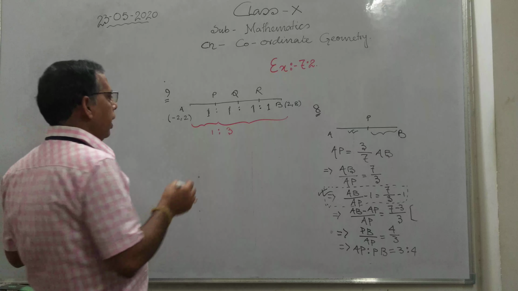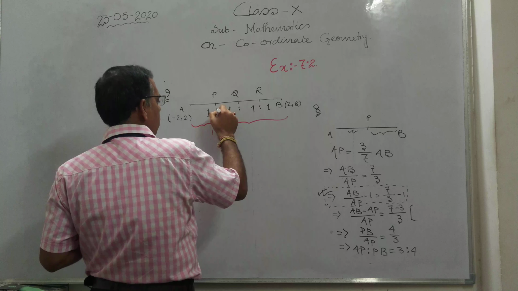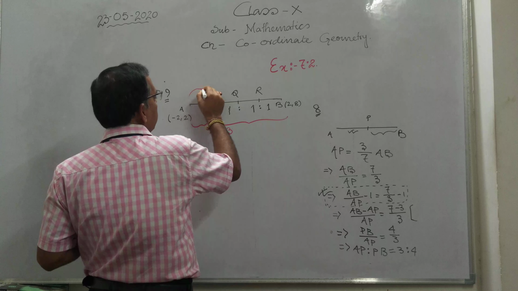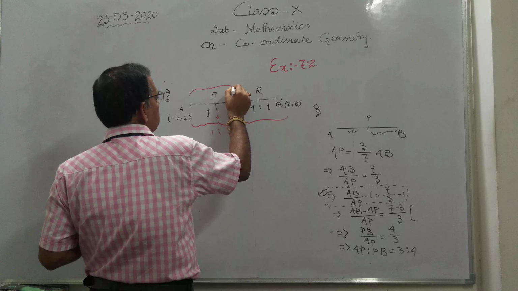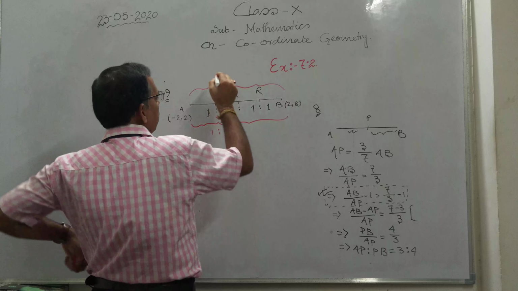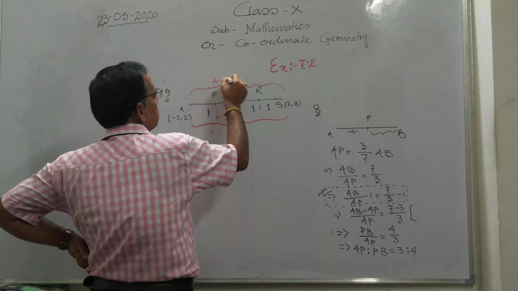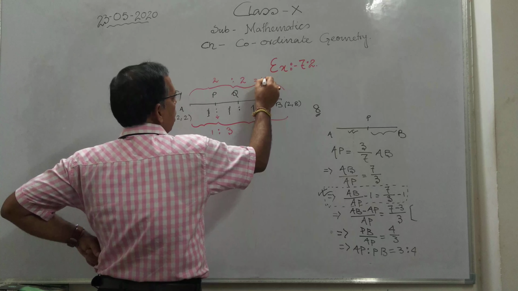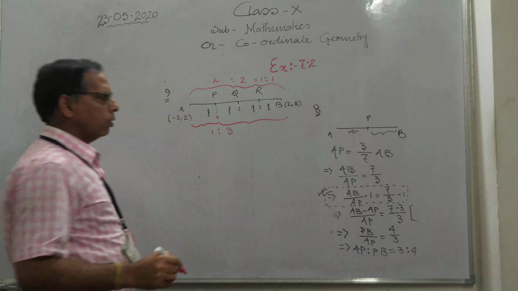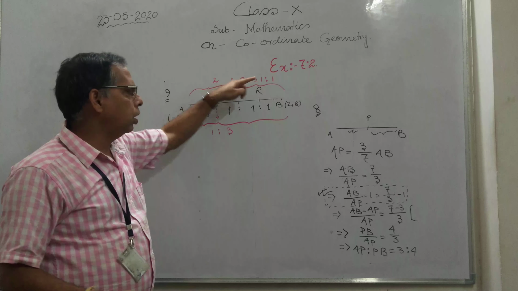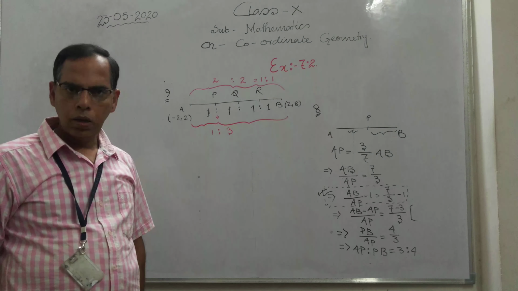Then this is for P. If you want to take out Q, then what? This one. That means 2 is to 2 equal to 1 is to 1. Because midpoint, 1 plus 1 equal to 2, 1 plus 1 equal to 2, 2 is to 2 equal to 1 is to 1. Clear?